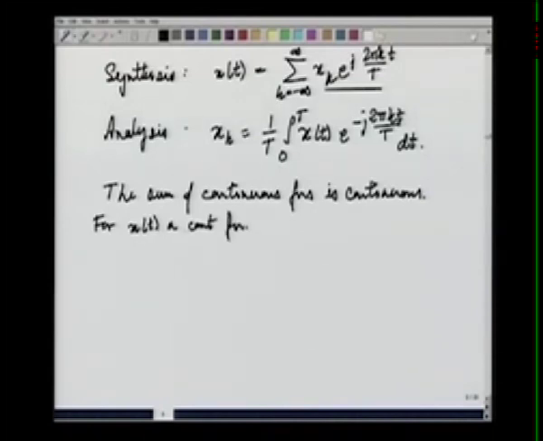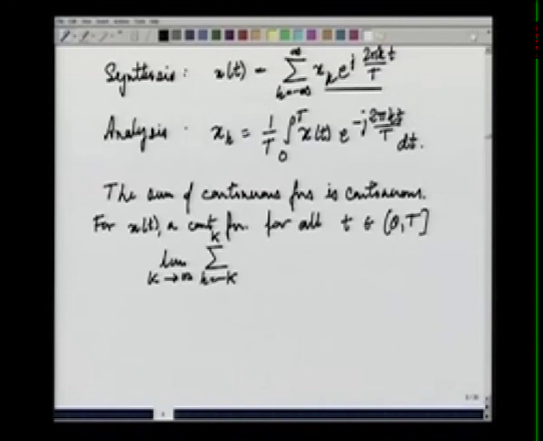For x(t) a continuous function, for all t in 0 to T, that is in one period, it is the case that the limit as K tends to infinity of the sum k equal to minus K to plus K, which is also the limit as K tends to infinity, of X_k e^(j2πkt/T) equals x(t).